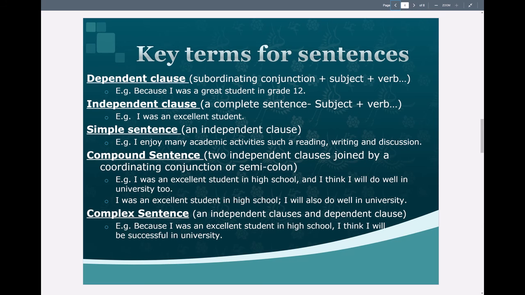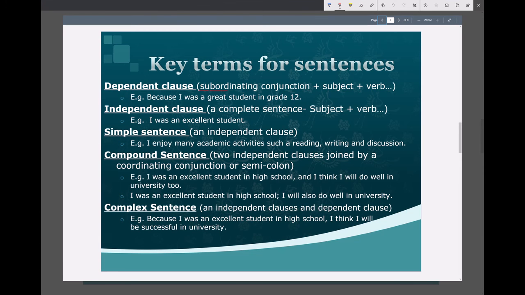Now, going back to the slides of the definitions and examples, let's do some examples. For the dependent clause, we need a subordinating conjunction, a subject, and a verb.